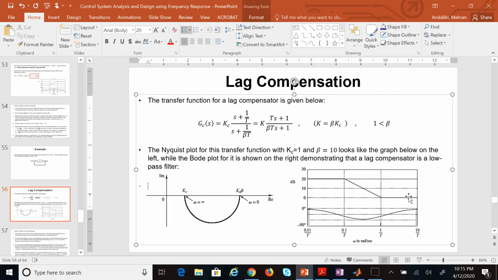So it is a low pass filter. Okay, that's what it is. It acts quite like a PI controller or I controller.